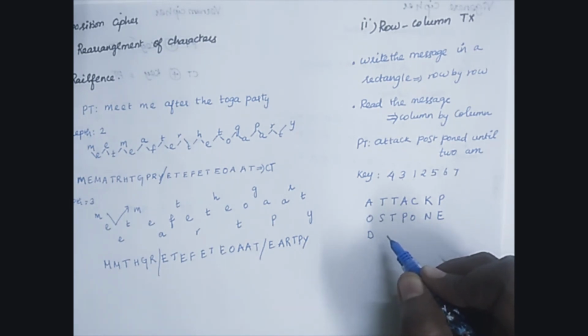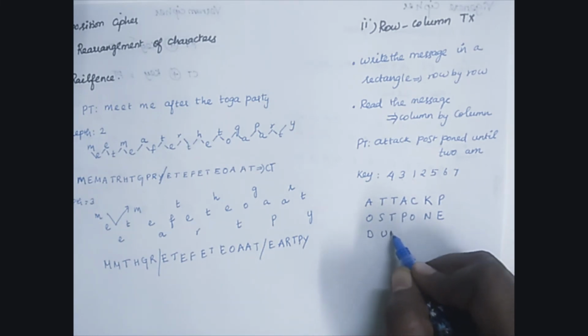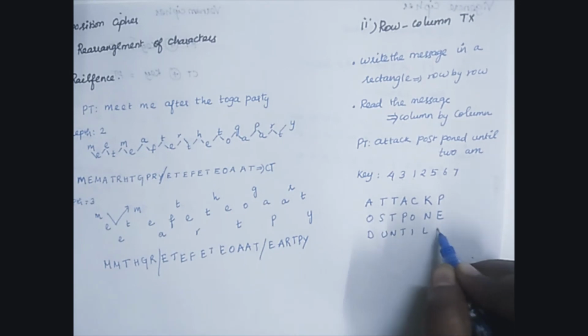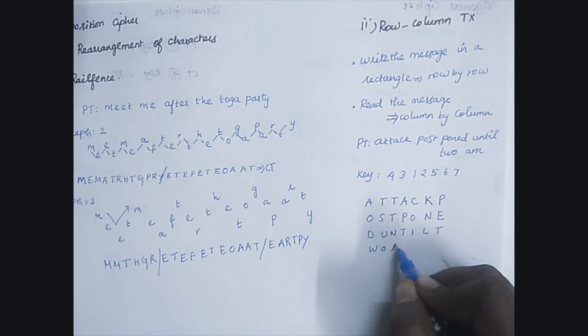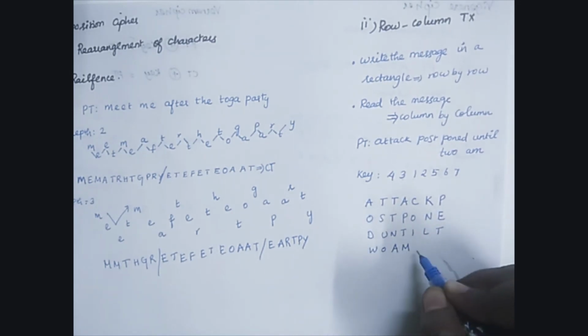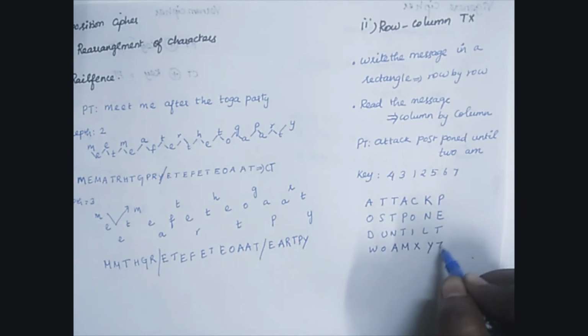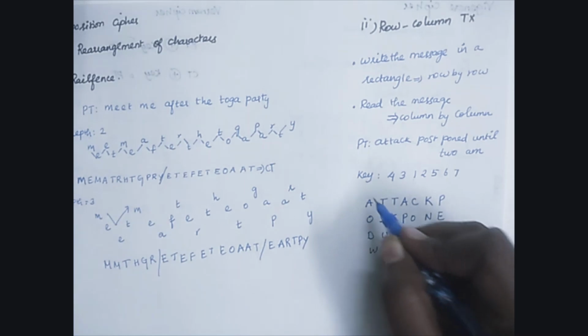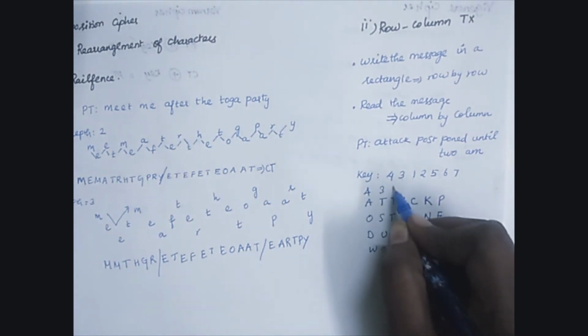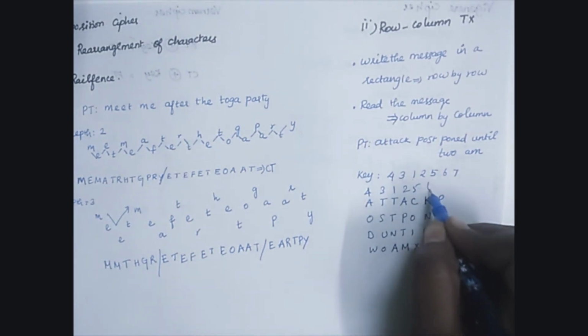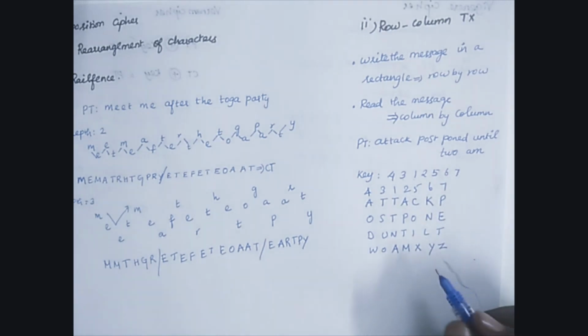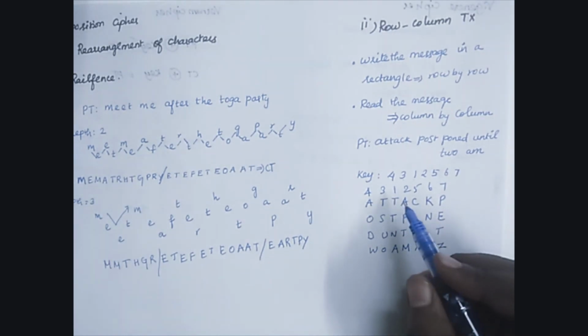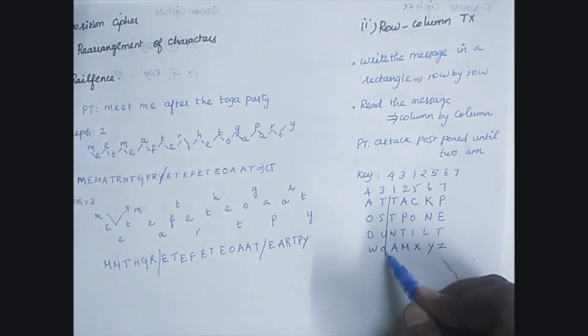We just shuffle the characters, no need to remove the repeated characters. Remaining gaps will be filled by other alphabets like X, Y, Z, and then the key value is written here. Then based on the key value we just read the columns.